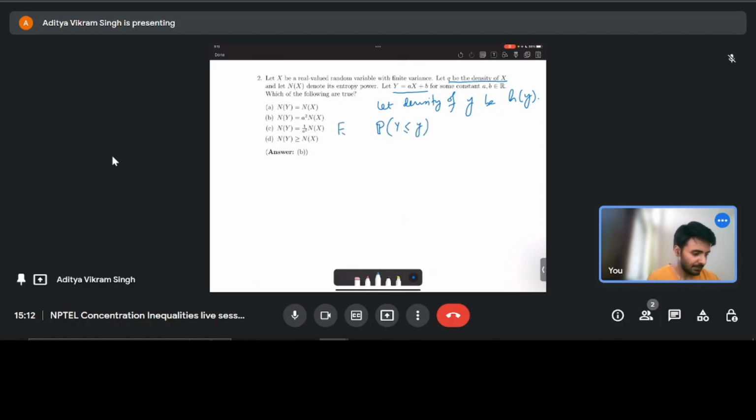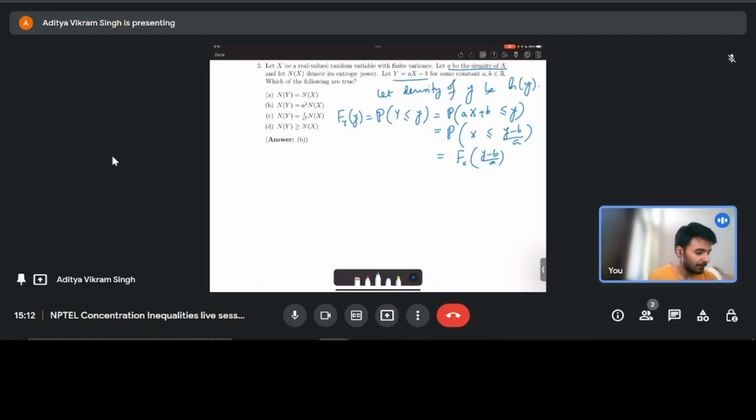This is the CDF of y, right? This would be the same as the probability that ax plus b is less than or equal to y, which is the same as the probability that x is less than or equal to (y minus b) by a, which is the CDF of x at (y minus b) by a.